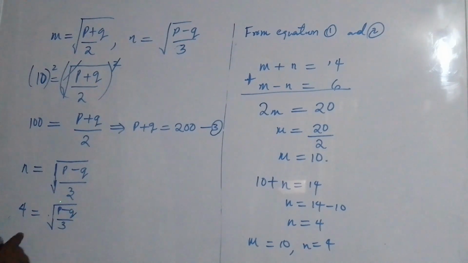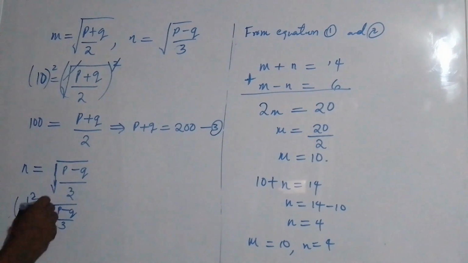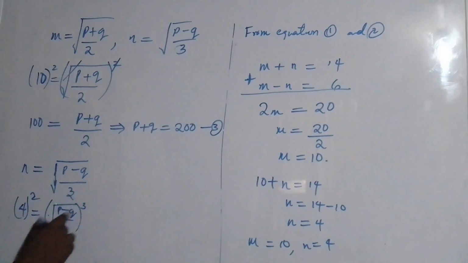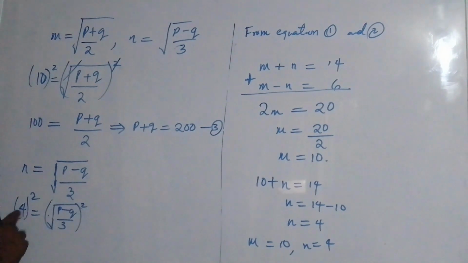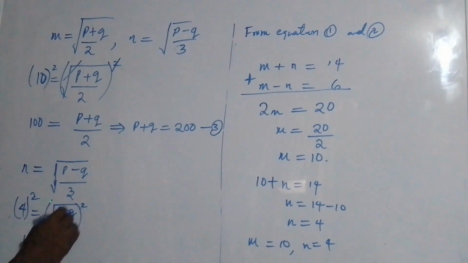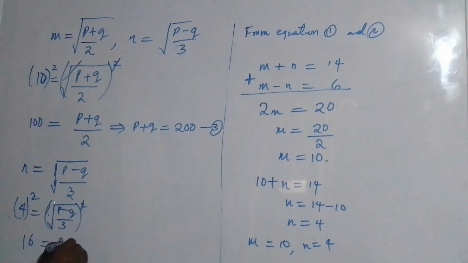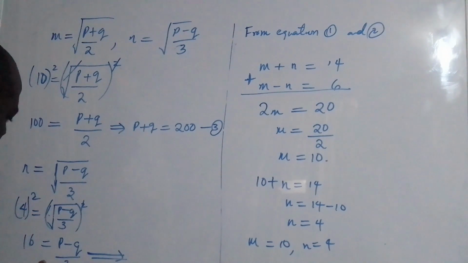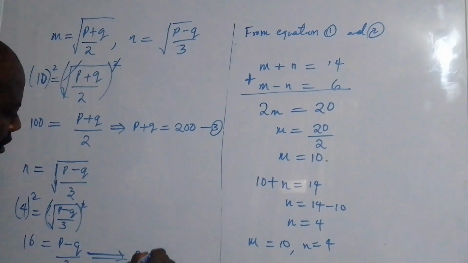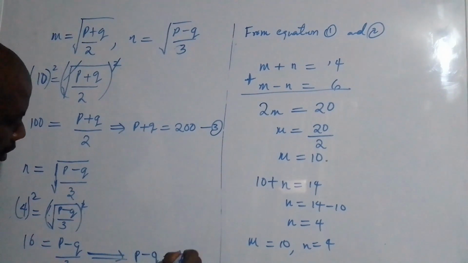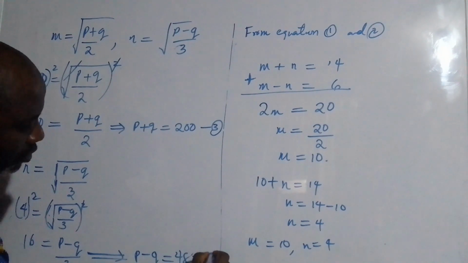If I square both sides as before, this will give me 16, and this will give me P minus Q over 3, which implies that P minus Q will be equal to 48. I'll call this equation 4.